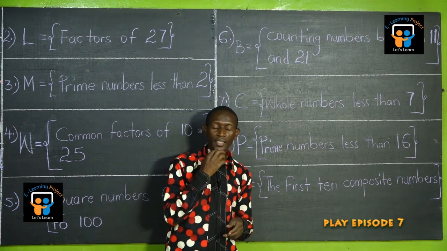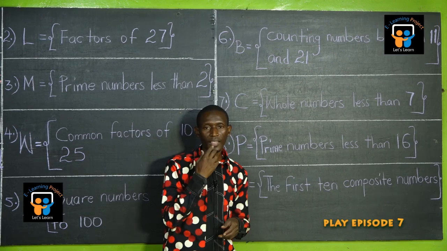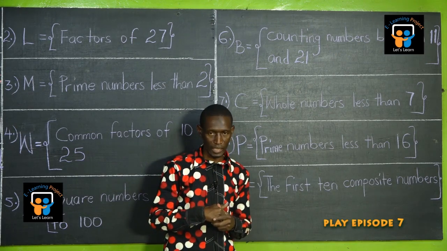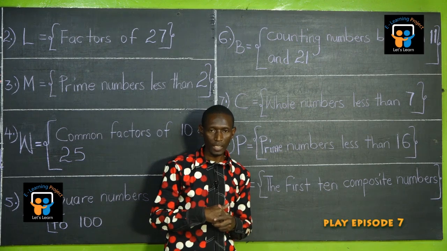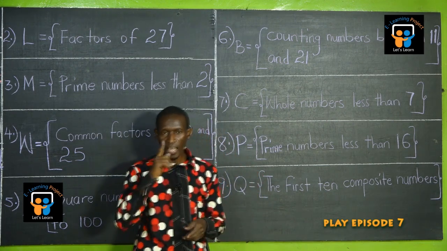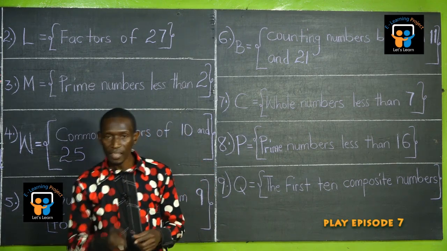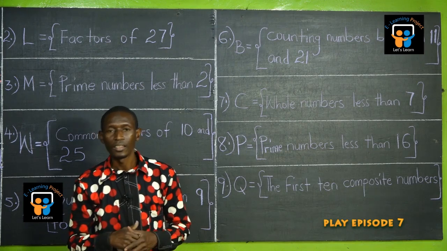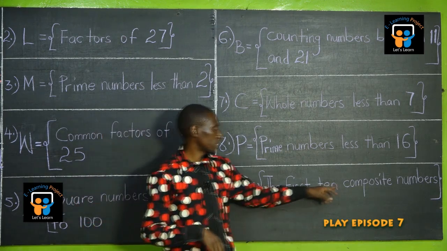All numbers that have more than 2 factors. What I'm trying to say is there is another number that can go into them. Any number having another number that can divide it is a composite number.